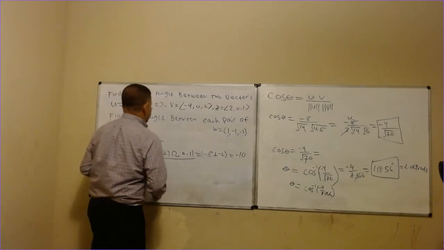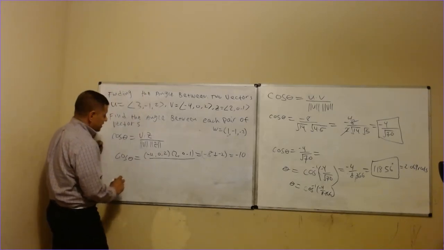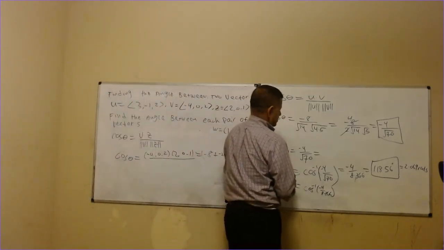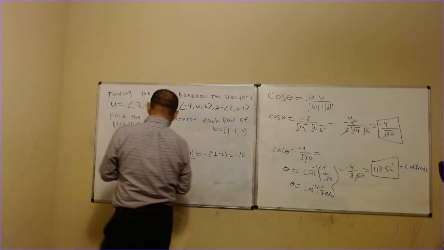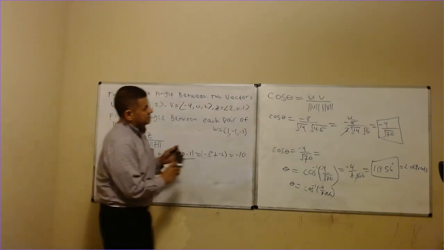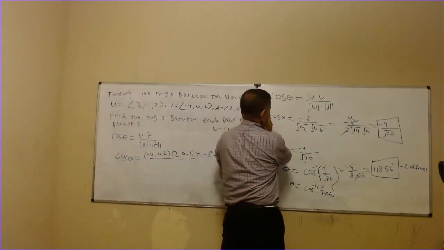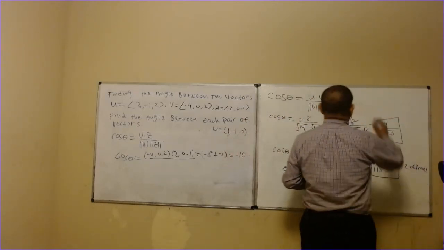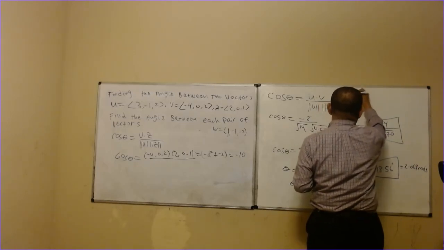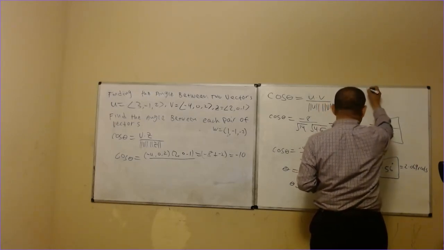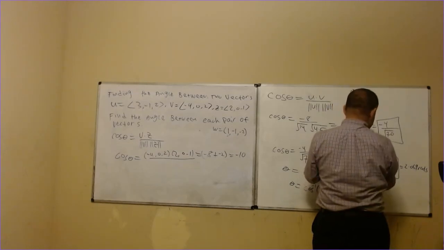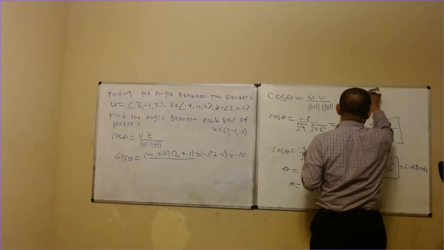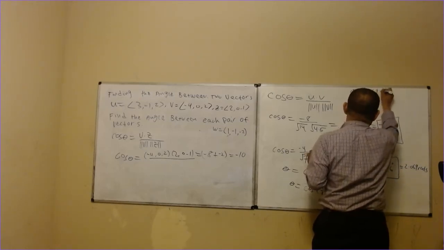Now, when I do the bottom here, I need to do the magnitudes of this. So let me erase. Let me just do it here, hopefully. Okay, so let me just write this down. Part A was 118 degrees, 2.069 rads.